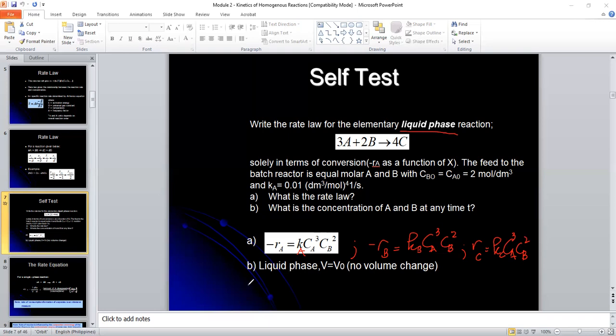So it's a liquid phase reaction, and as such, your initial volume will be the same as the final volume, which is the volume when your species have already reacted or there has already been conversion. So we'll just answer for now with the rate law in that form.